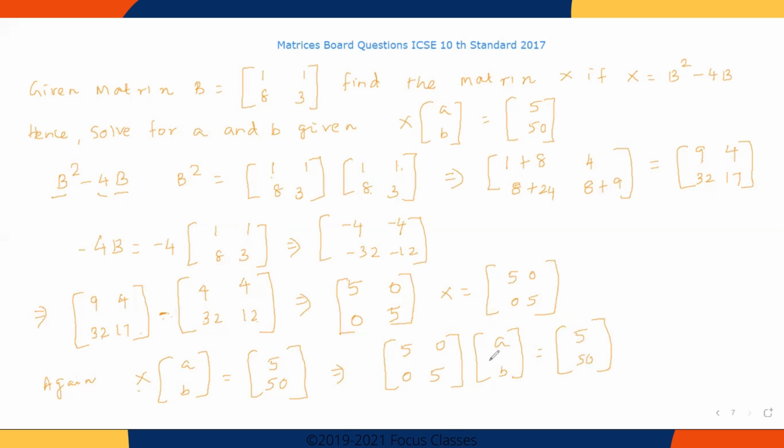If we multiply this matrix with this matrix, we get 5a, 5b is equal to 5 and 50. So we can equate straight away. 5a is equal to 5, then a is equal to 1. 5b is equal to 50, b is equal to 50 by 5, which is 10. Okay, so we found the values of a and b.